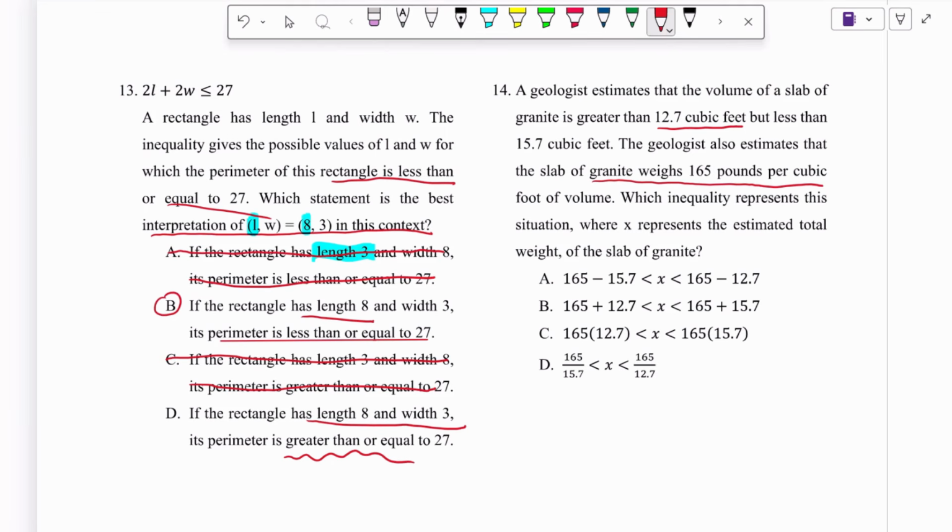Okay, so where am I going to plug this in? I'm not going to be subtracting it away from it. That doesn't make any sense. I'm not going to be adding it. I have some granite that weighs 12.7 and I'm plugging it into the 165. Answer choice C.